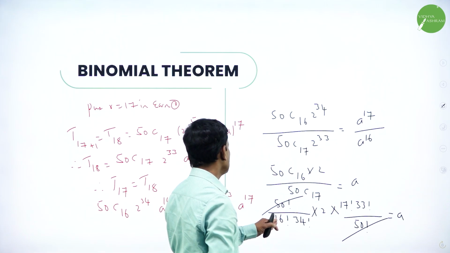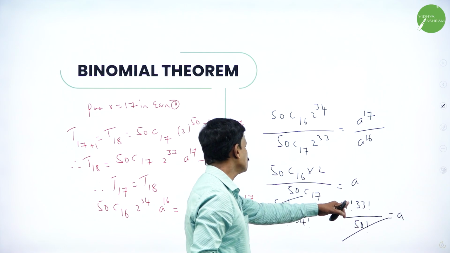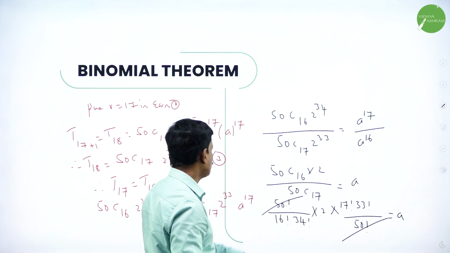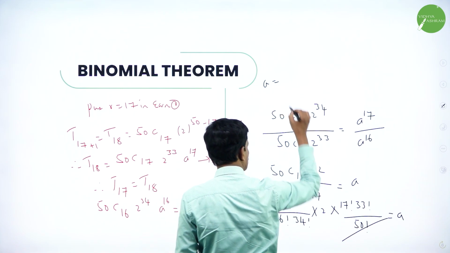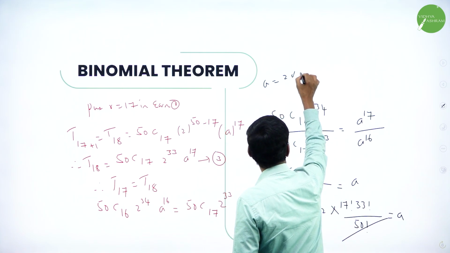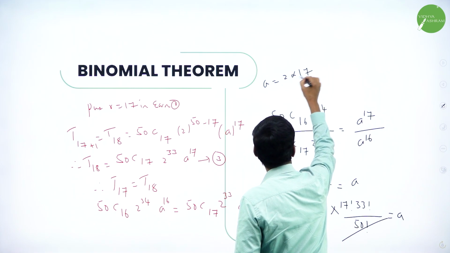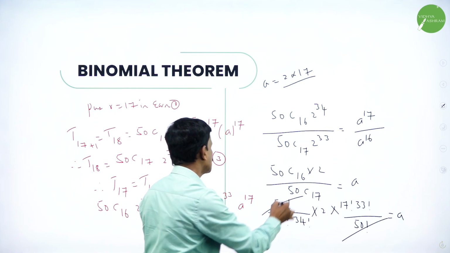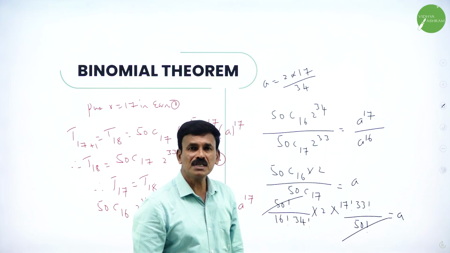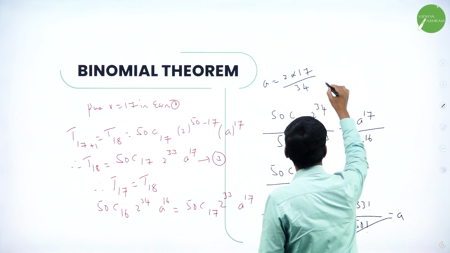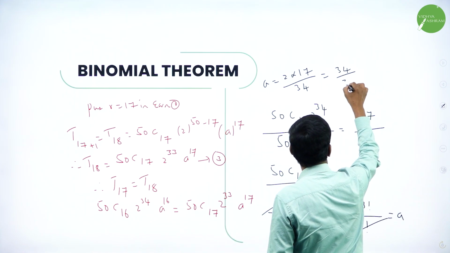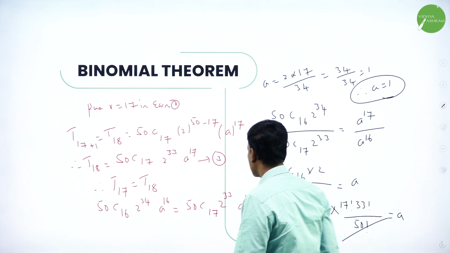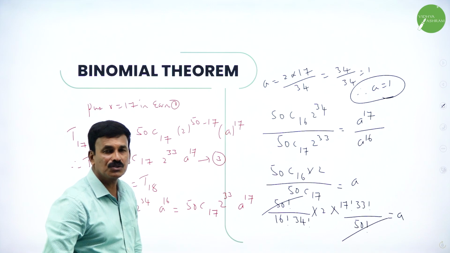So, if you simplify, so 17 into 1 divided by 33. If you simplify this, what is in the numerator? We will get a is equal to 2 into 17 divided by, in the denominator 33 factorial, 16 gets cancelled. We have 34. Now, what is this equal to? 17 into 2 is 34. 34 divided by 34, that's equal to 1. So, therefore, the value of a is equal to 1. That's it. So, the value of a is equal to 1 in this case.